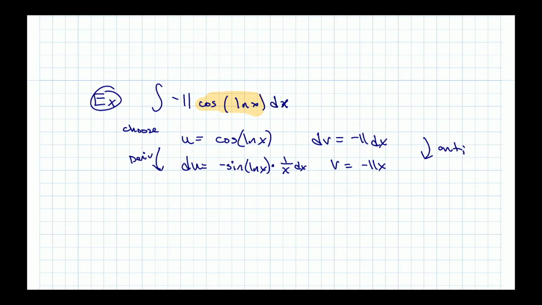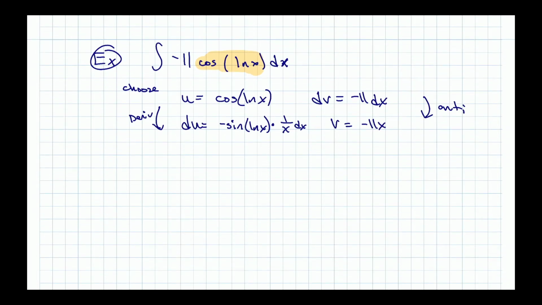Now you don't know if you've really made an improvement. You have to just work it out. So remember how this goes. We're going to be going uv, right? Let's write it uv minus integral v du. So what's uv? It's the two that I highlighted.